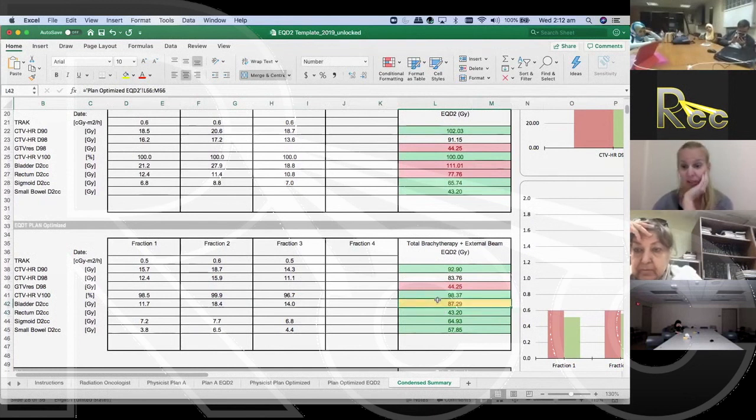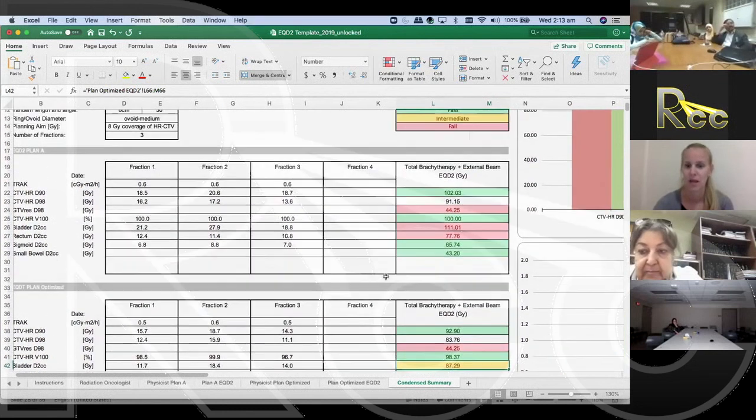And our bladder dose is within tolerance, but it's just in that area where you go, we can make it a little bit better. But obviously at the time, when we treated this patient, the oncologist decided that they were prepared to risk that bladder dose for that patient to get the coverage we needed for their tumour.